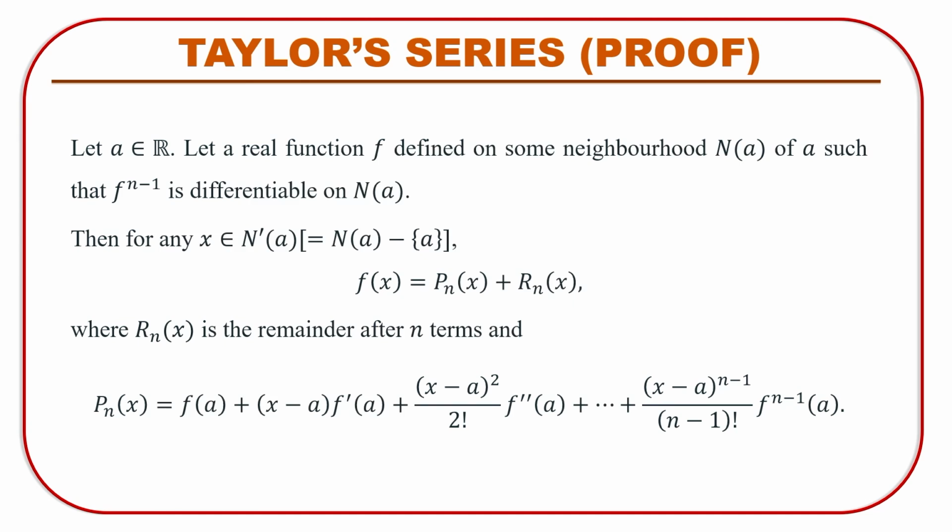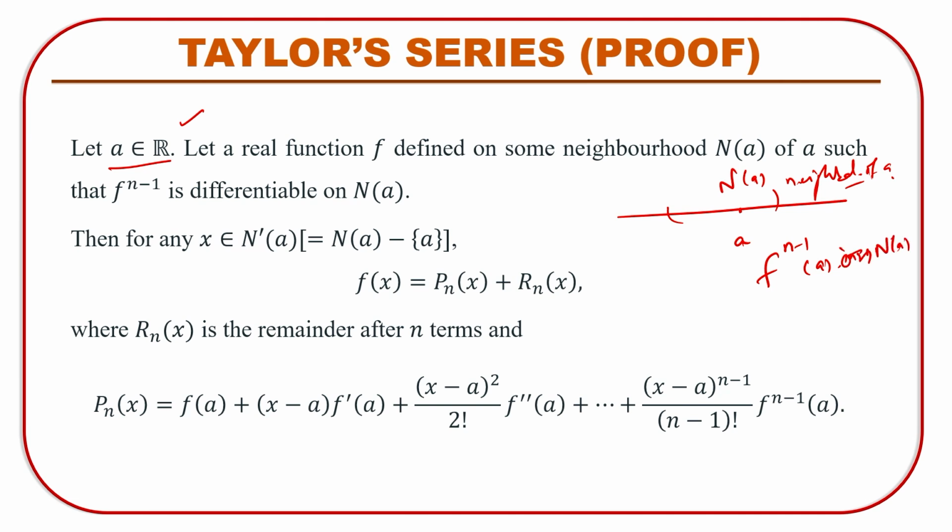Let A be a given point in R. You are going to fix A here, and let N(A) be a neighborhood of A such that the function f has the (n minus 1)th derivative existing on this neighborhood N(A).